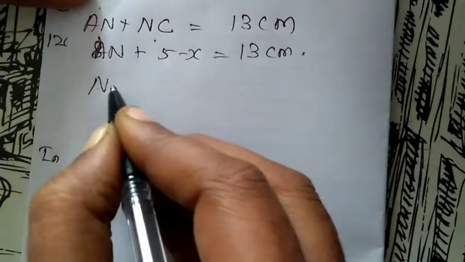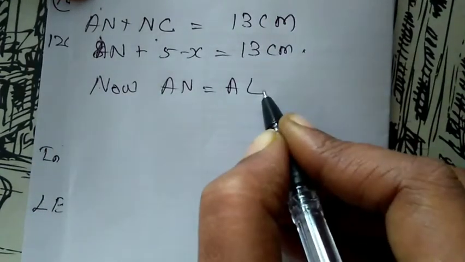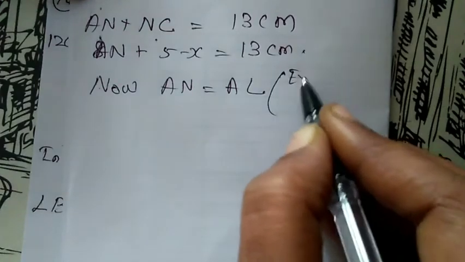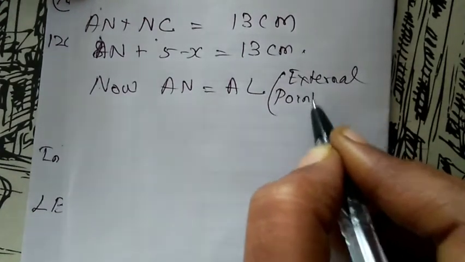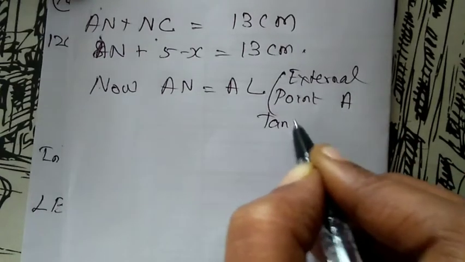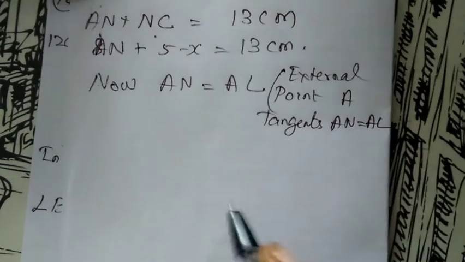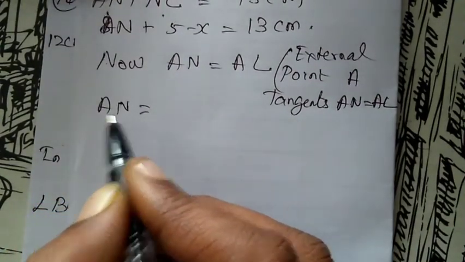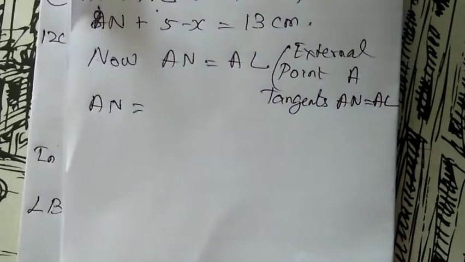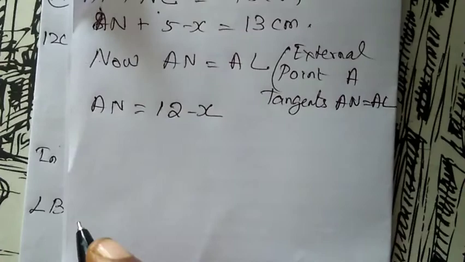Now, AN is equal to AL because from external point A, the tangents AN is equal to AL. So AN equal to AL, which is 12 minus x.